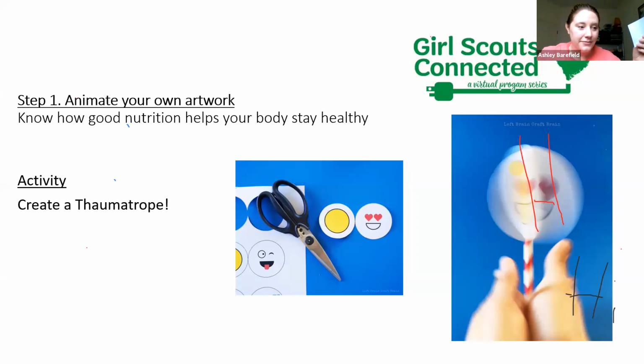That's going to be exciting to see. Okay, so I have one of my circles. This is the yellow one. It's kind of hard to see with this light.